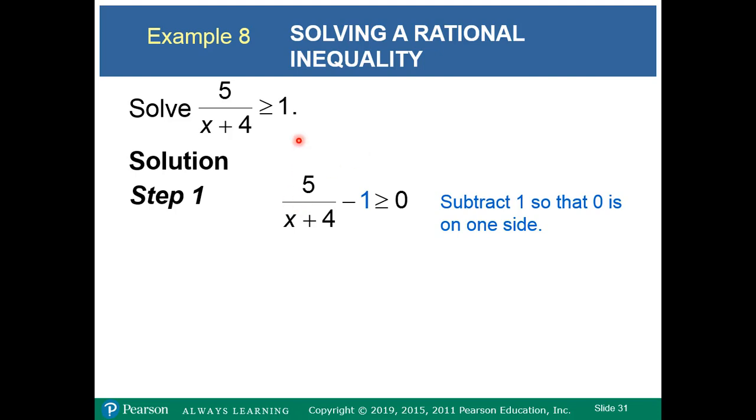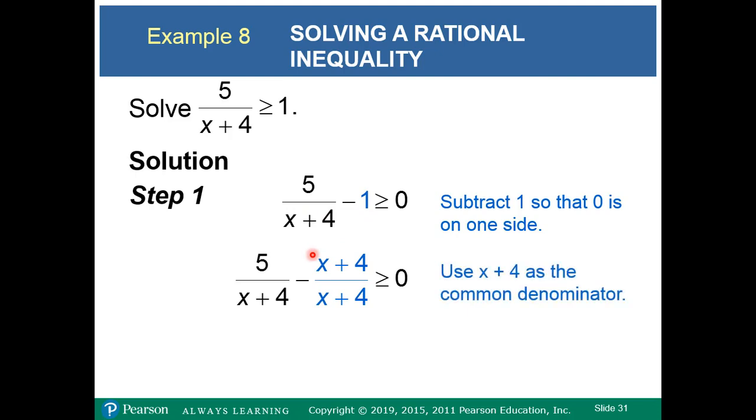So here's what we're going to do. We're going to bring everything to one side, and then we're going to change this into one big fraction. So we're going to make this into x plus 4 over x plus 4, so we can have a common denominator. Now we can bring it together with a common denominator and subtract the numerators and keep the denominator.